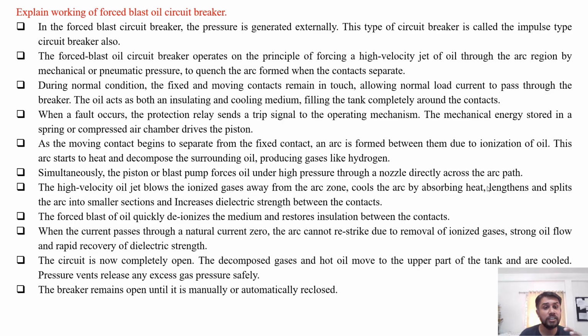The high velocity oil jet blows the ionized gases away from the arc zone, cools the arc by absorbing the heat, lengthens the arc and splits it into smaller sections with the help of arc splitters, and increases the dielectric strength between the contacts.